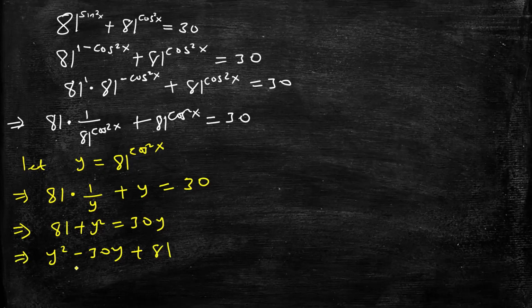So this is a quadratic equation. We need factors of 81 that add to 30: minus 27 and minus 3, so y squared minus 27y minus 3y plus 81.